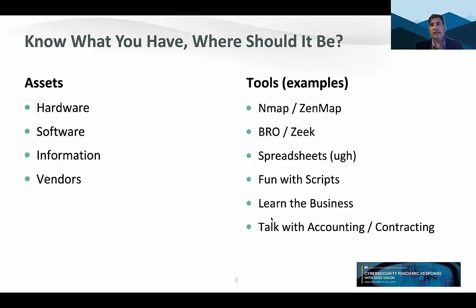We should know what it is, because whether we like it or not, if somebody installs software on our system, that software is now interacting with our information. And so we should be aware of any vulnerabilities that that new software or that new hardware has introduced to us. And we should know our information. That's an asset to the organization.